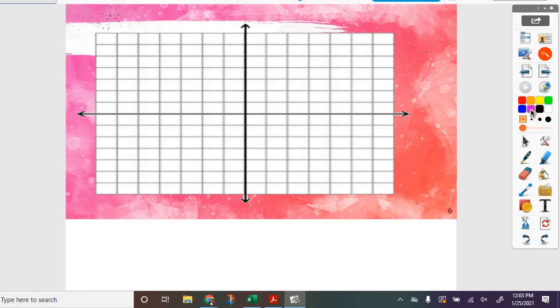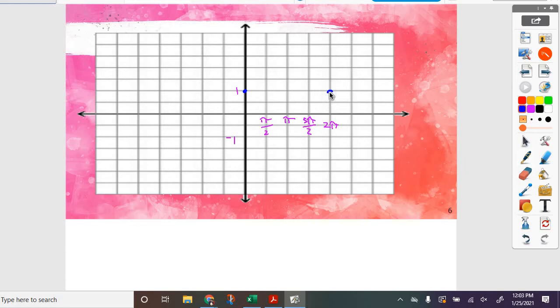So again, I'm going to label my units. So what did we say our cosine graph starts at? 1. So remember we said it starts at 1, and then it also ends at 1.